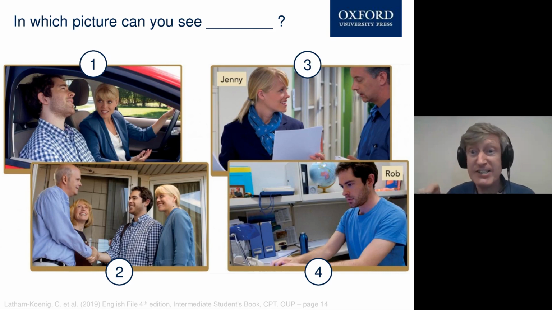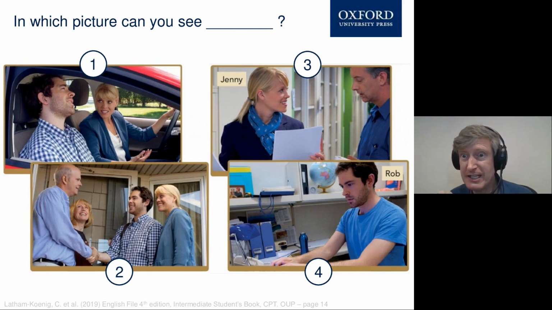Carol, yes. In which picture can you see some trees? 1. In which picture can you see some people? 4. Which picture can you see a globe? 2. Which picture can you see a tree? 1. Which picture can you see a scarf? Good question. 3. Which picture can you see water? 4. Bottle of water.